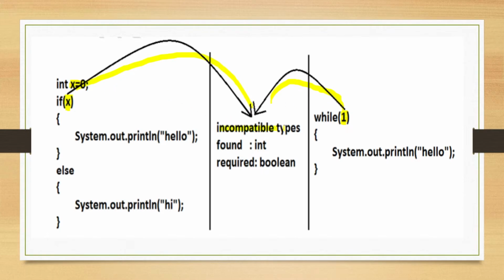We would get the error: incompatible types, found int, required boolean. So we should keep in mind that for boolean purposes we have to use the values true or false. If we write true here, then it would work perfectly, or true or false, anything would do. Similarly here also we would have to write true or false. So I hope this is understood.